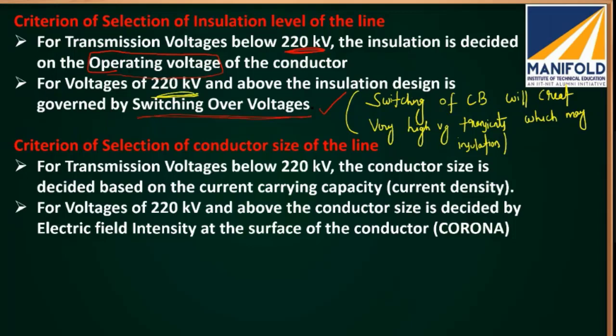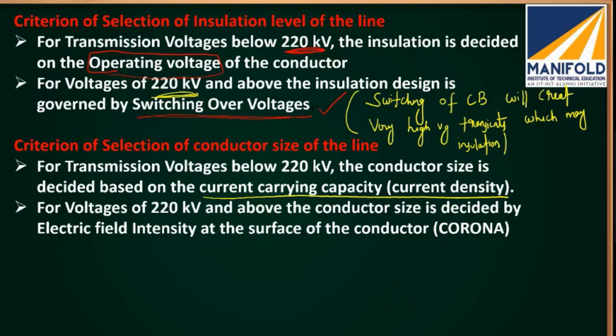The main criteria for selection of the conductor size. Who decides the conductor size? For voltages below 220 kV, conductor size is decided by the current carrying capacity or current density of the conductor. How much current is passed through the conductor? That is the main criteria for selecting the size of conductor. For up to which voltages? Up to 220 kV. Okay.